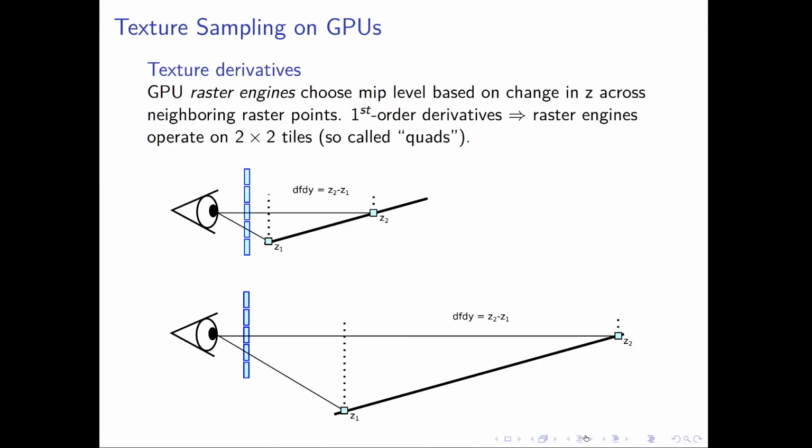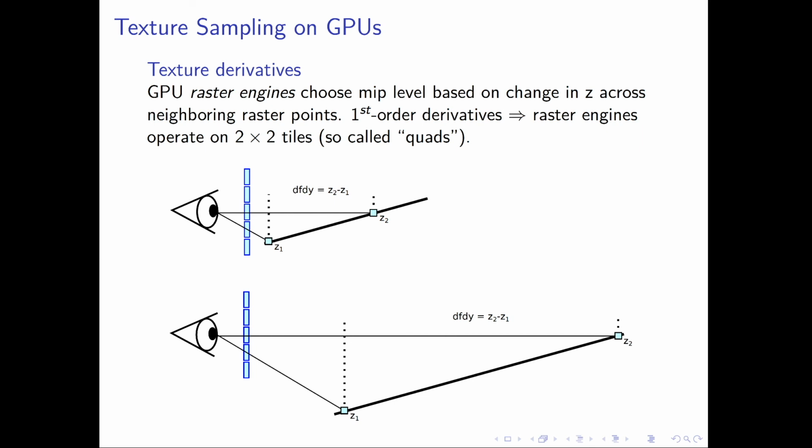Then the question remains how to choose the actual MIP levels, and we do this on a per-fragment basis. When we're rendering our raster points, we have several fragments associated with them, and those fragments have depth values associated with them. In order to choose a MIP level, we do this with respect to the neighboring fragments and the neighboring raster points.